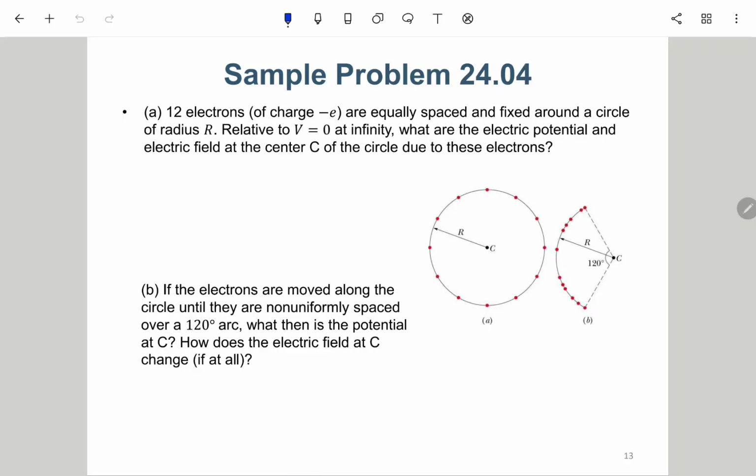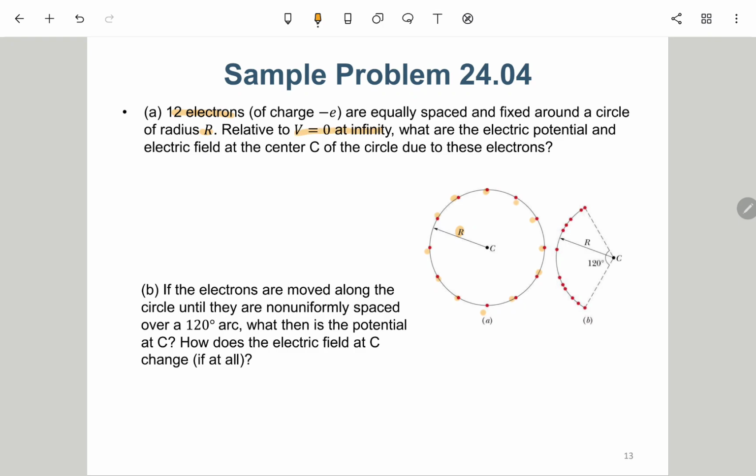Okay, here we have another sample problem. It says we have 12 electrons, of charge negative e, equally spaced and fixed around a circle of radius capital R. Like a clock, we have 12 electrons, and the radius is capital R, relative to V equals 0 at infinity.